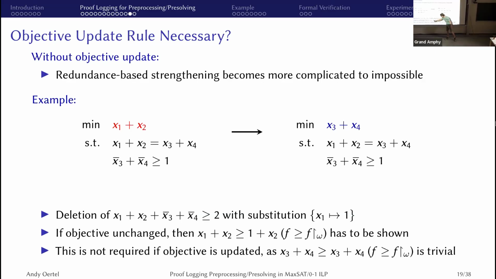So we basically have to show here that x1 is greater equal than 1. And this is not trivial or not directly obvious how to do. However, if we change the objective, just as the presolver did, then our substitution does not change the objective. There is no x1 in the new objective. So this objective non-worsening condition is trivial, and this makes our life so much easier. So we actually need this objective update rule.